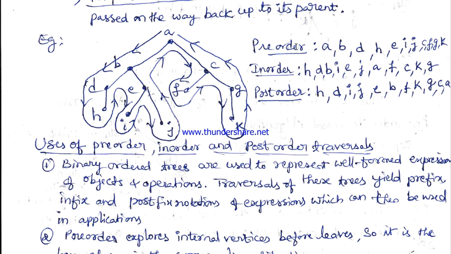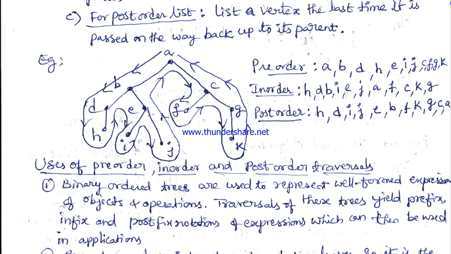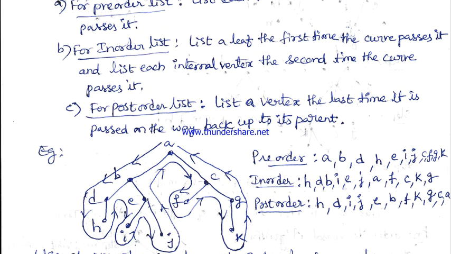To get the pre-order of the vertices, we list the vertices when the curve passes through them for the first time.